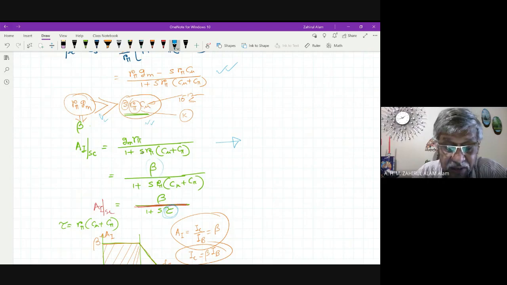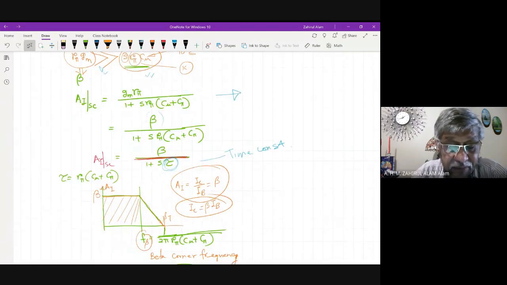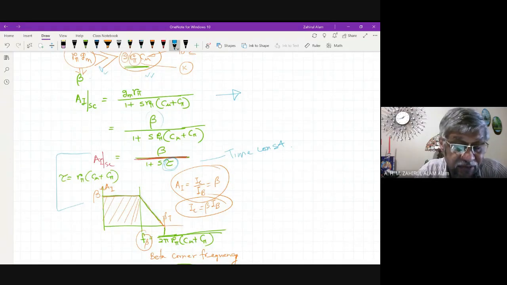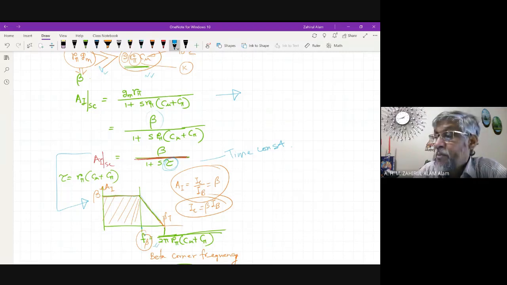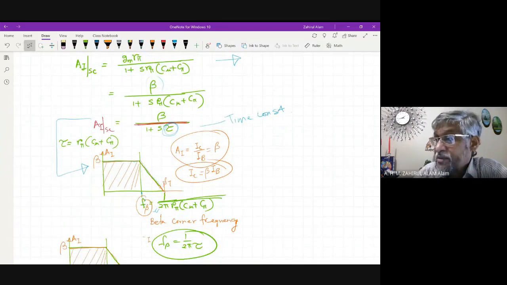This tau is known as the time constant. This is the Bode plot of this transfer function, and this corner frequency is known as the beta corner frequency, the short circuit current gain 3 dB frequency.